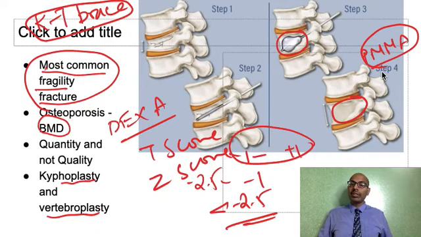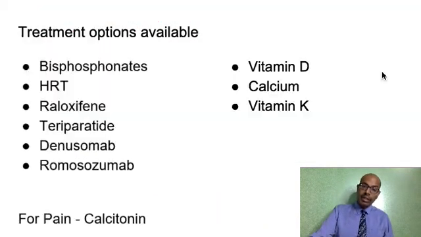Basically, we usually just help them with pain relief. Surgical intervention is out of vogue now. So these questions can be asked. BMD can be asked. Taylor brace can be asked. Kyphoplasty and vertebroplasty can be asked. All these questions have been asked previously in your exams.